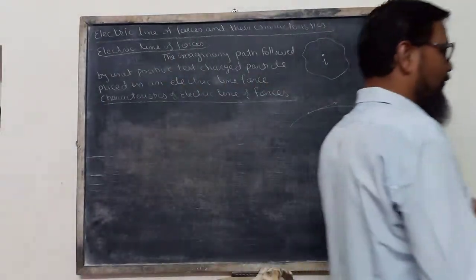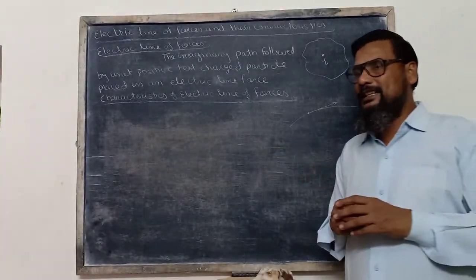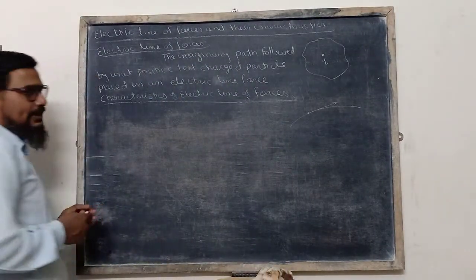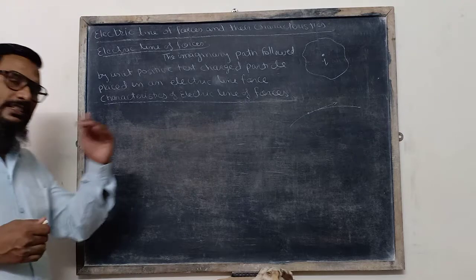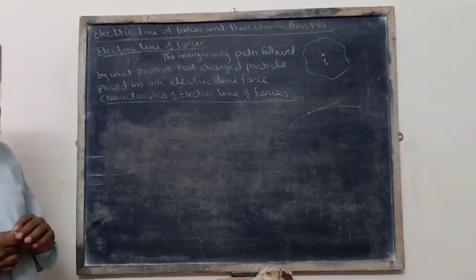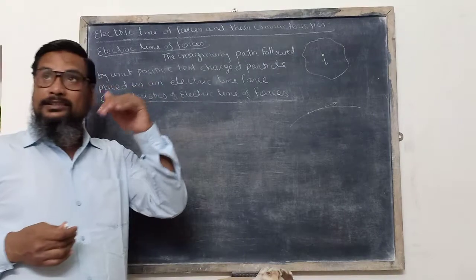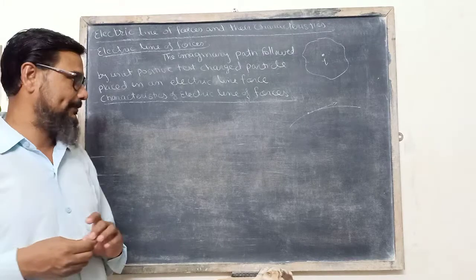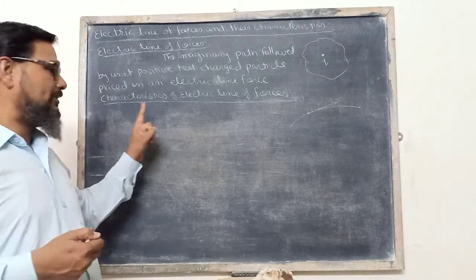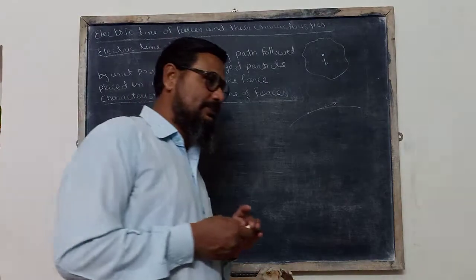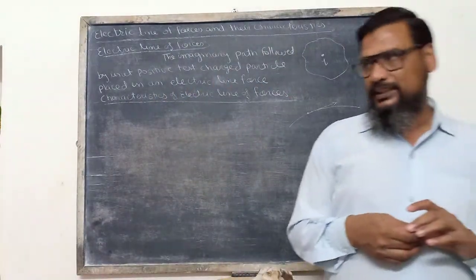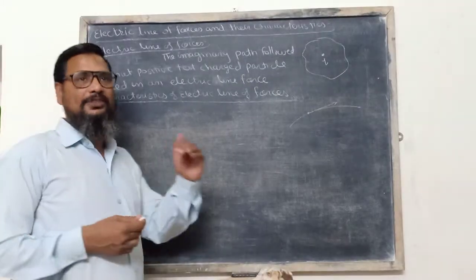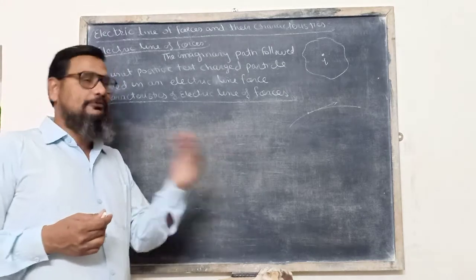And if electric line of forces are farther from one another, then the density will be smaller, and it will show lesser magnitude of electric field intensity at that region. First, electric line of forces are perpendicular to the surface of a charged conductor. Second, greater is the density of electric line of forces, greater will be electric field intensity, and vice versa.